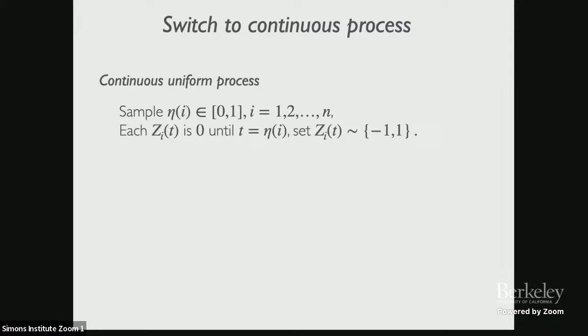So in particular, now we no longer have this discrete time 0, 1 till n, but we have this continuous time, the unit interval. And then for each variable, we are going to just sample a timestamp from this unit interval. And what we do is we run our process from time 0 to time 1. And when we hit a timestamp for variable i, then we expose this variable.